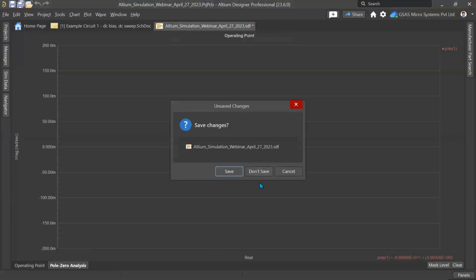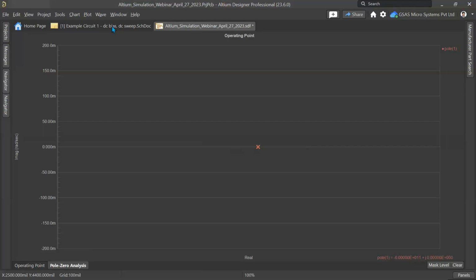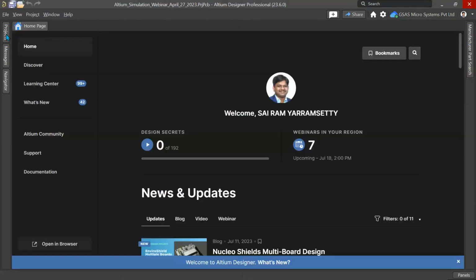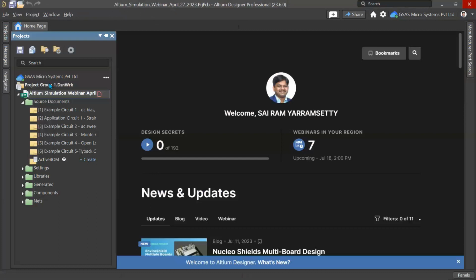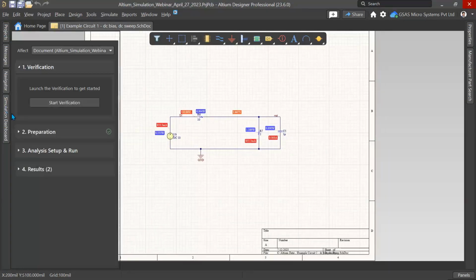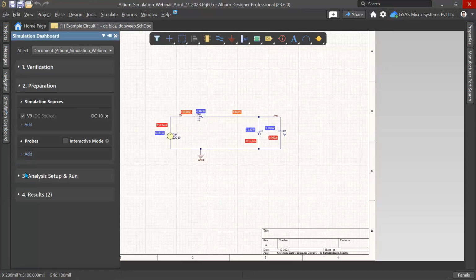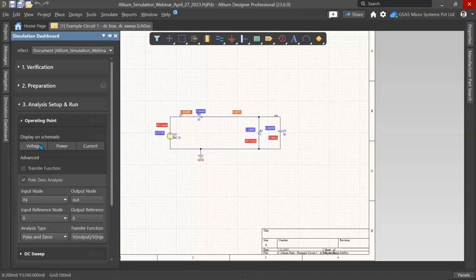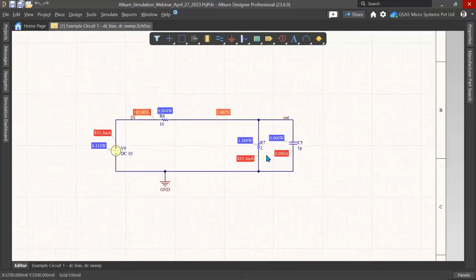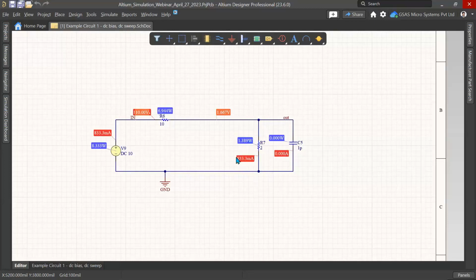Okay, let me close this circuit so that it will be clear enough. For this, I'm going to perform the same on the same circuit. Here, what I'm trying to say is how the output is varying with respect to the R7 variable resistor.